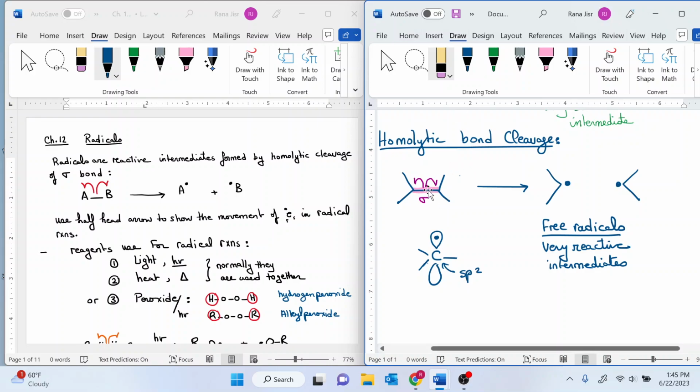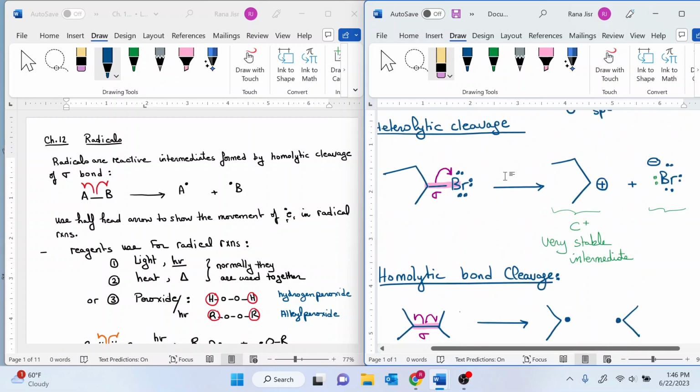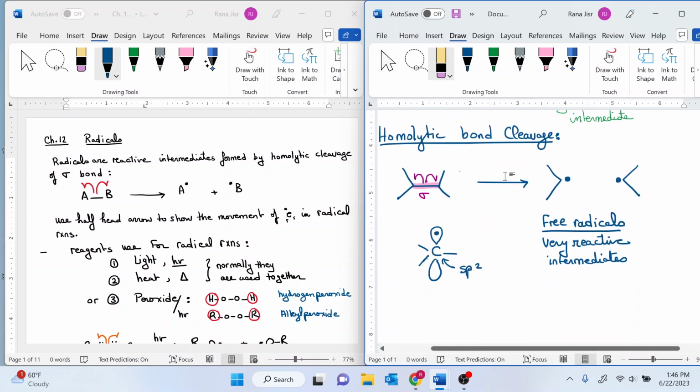There are several conditions we use to break the sigma bond by homolytic cleavage. These conditions are specifically for homolytic bond cleavage and not heterolytic cleavage. There are 2 sets of conditions. The first set is light or heat.